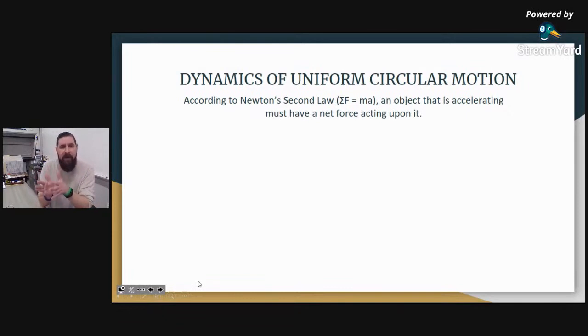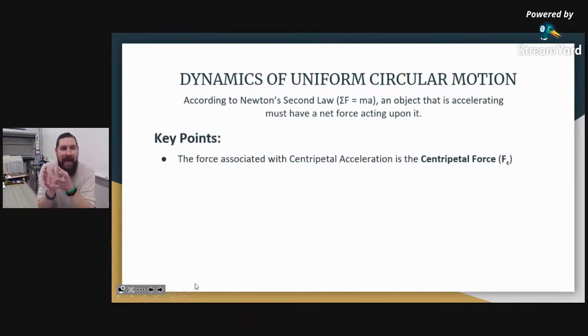So if I've got centripetal acceleration acting towards the center of the circle, then I have a force also acting towards the center of the circle. That force that's associated with centripetal acceleration, that is centripetal force, or the center-seeking force. We symbolize this as F sub c.